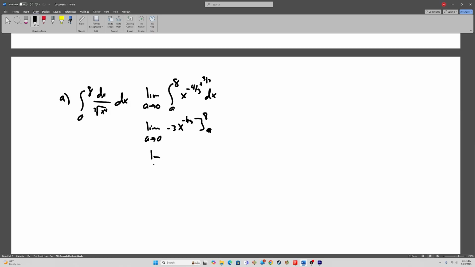So limit as a approaches 0 of -3 over the third root of 8, and then minus a -3, so we could do +3 over the third root of a. This is -3 halves, but then plus 3 over the third root of 0, and that's undefined. So this one diverges.